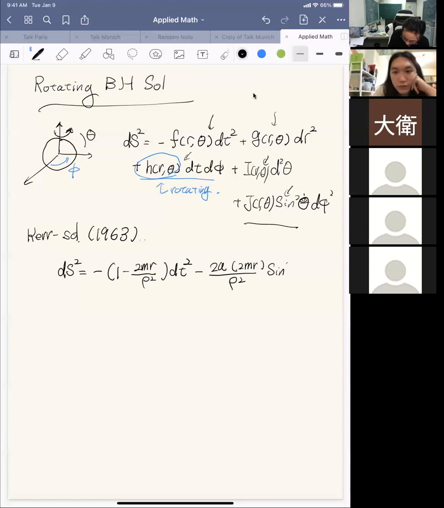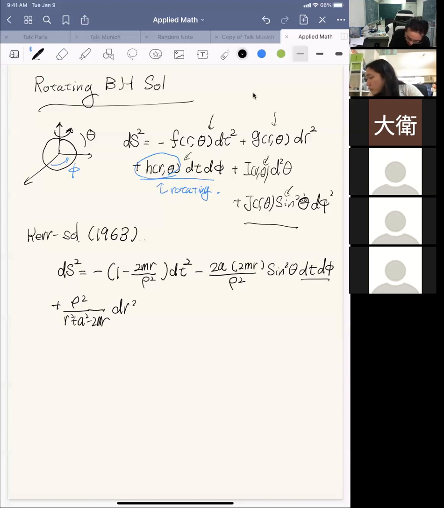So you see that now you have the non-trivial dt dphi mixing term here. I'm going to write down what rho means in a second. Plus rho squared, r squared plus a squared minus 2mr.